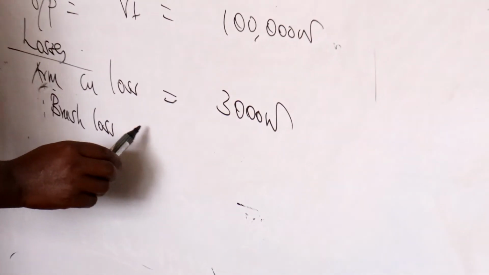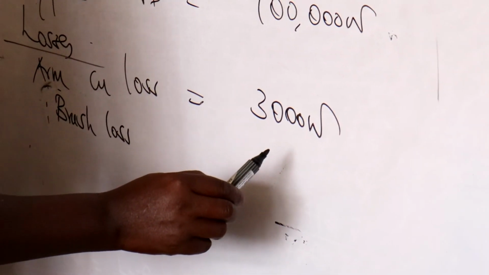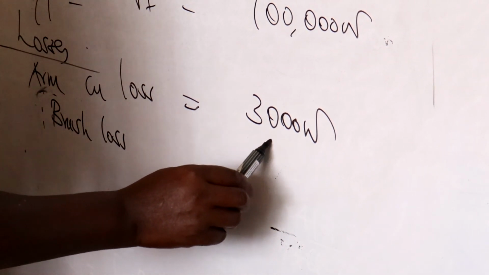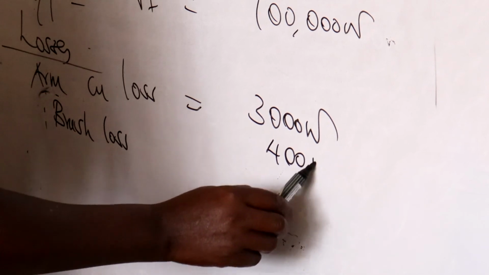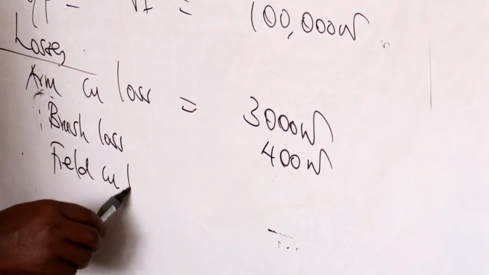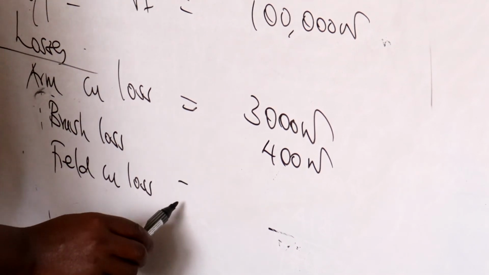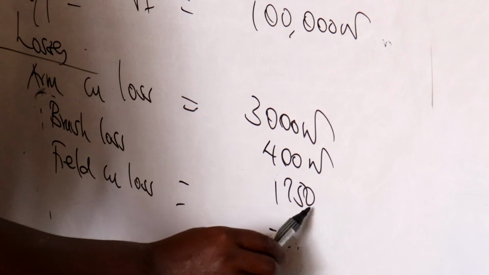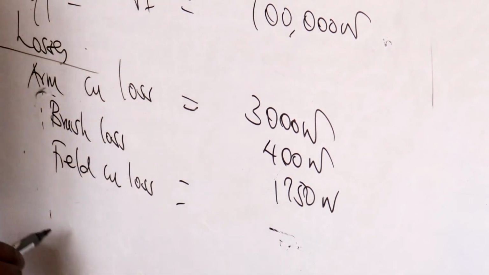Brush loss, 400. Field copper loss, 1750.